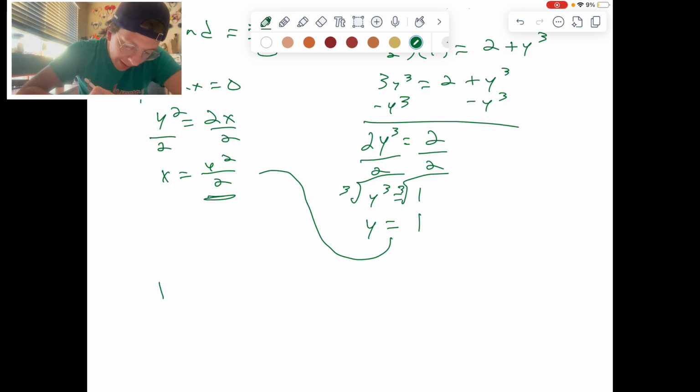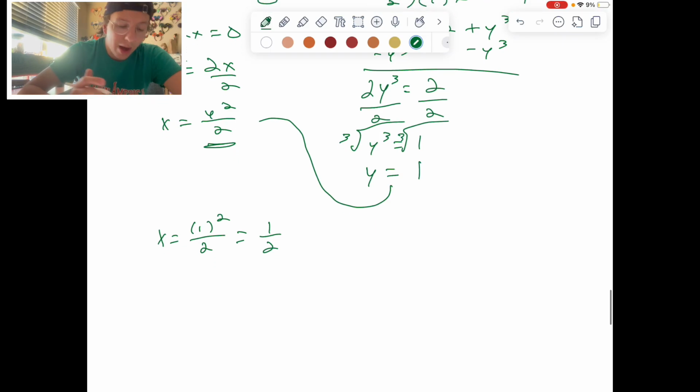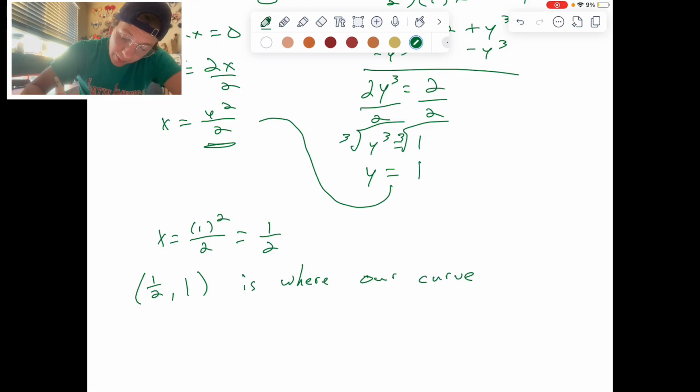So I'm going to say, hey, x is equal to 1 squared over 2, which is equal to 1/2. Just like that, we have x, we have y. Our only coordinate in this case would be 1/2, comma 1, where our curve has a vertical tangent line.